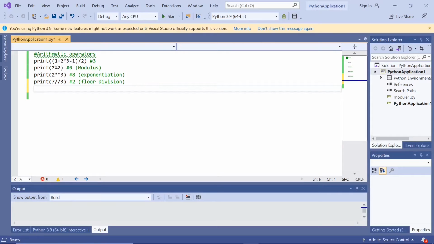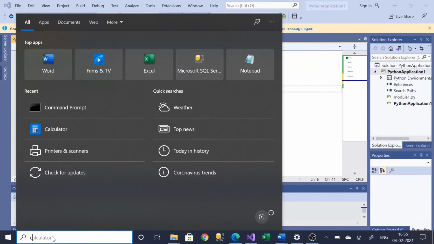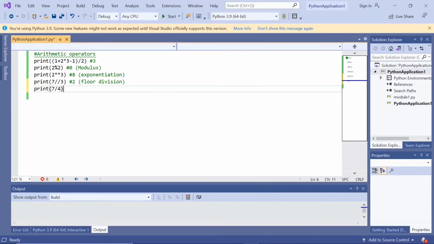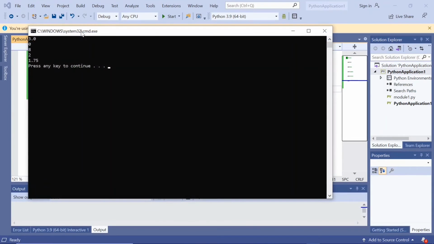Let us see another example of floor division. Print 7 by 4. Let's take the calculator: 7 divided by 4 is equal to 1.75. Let's see the example. It has given us 1.75.